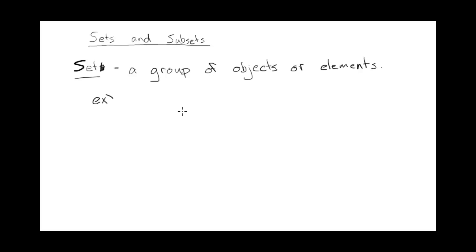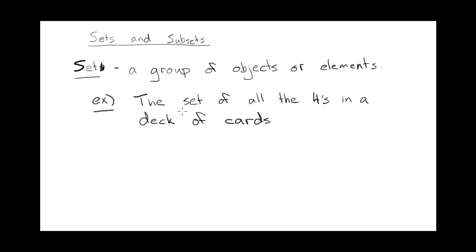So for example, we could talk about the set of all the fours in a deck of cards. So how many elements would that be? Well, there'd be 4 elements.